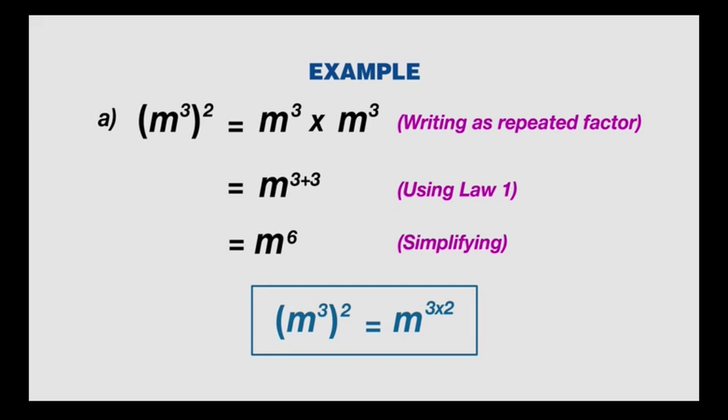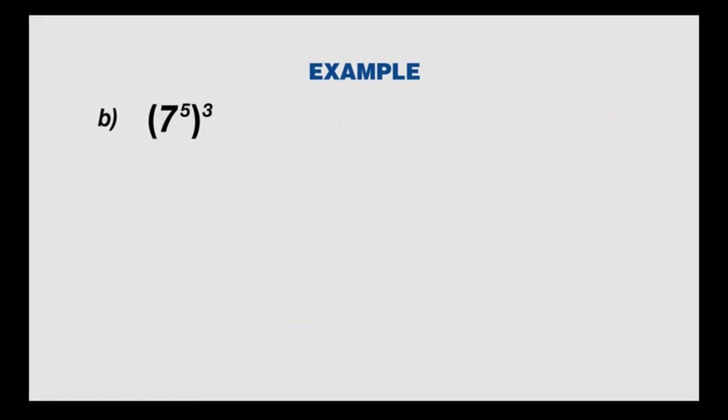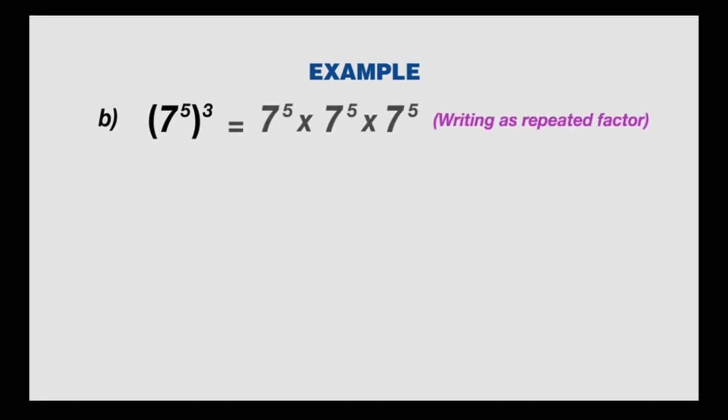Another example is 7 raised to the power 5 all cubed. That means we are multiplying 7 raised to the power 5 by itself 3 times. We can use the first law to work this. I hope you remember, we take the base, and because we are multiplying, we add the powers.